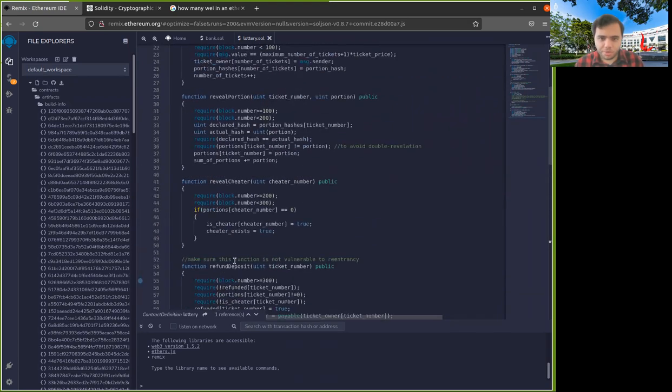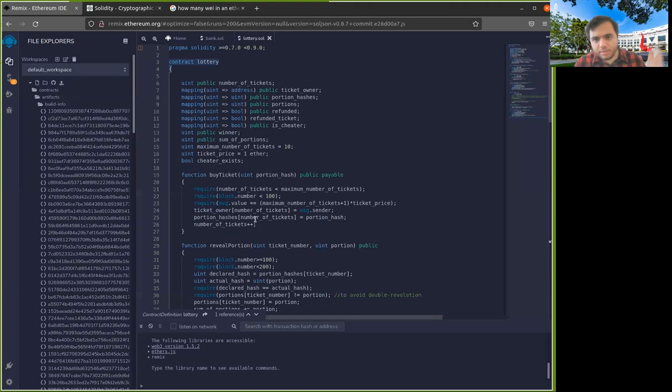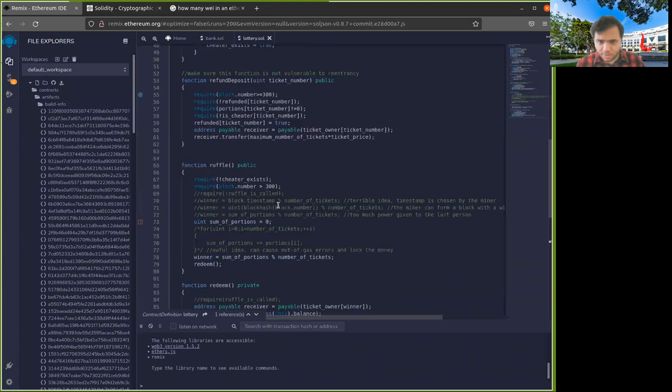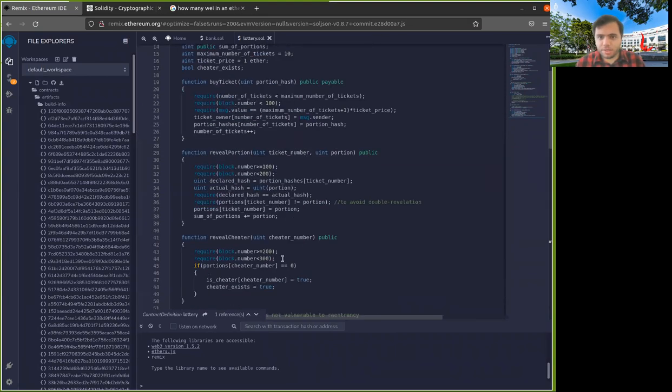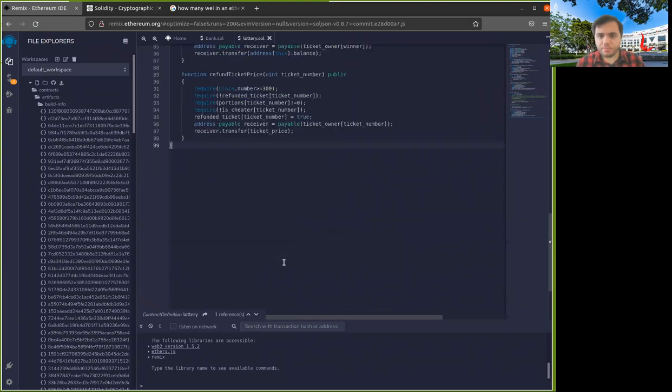But as I said before, you shouldn't divide the deposit. You should only divide the ticket price of the cheaters between the others. And the deposit of the cheaters should definitely just be confiscated. And it should be banned.